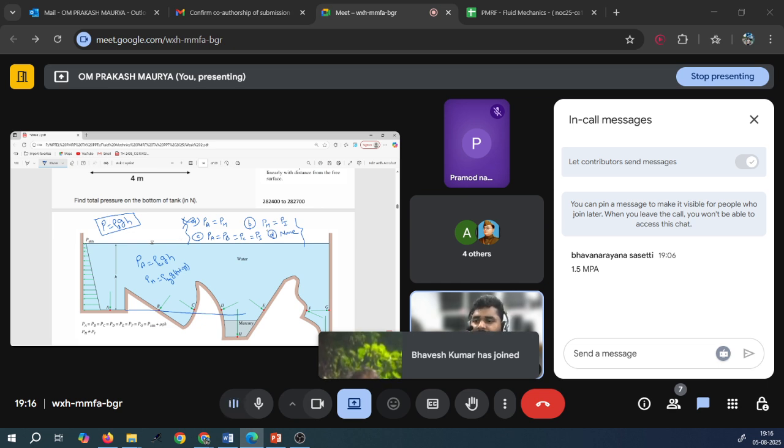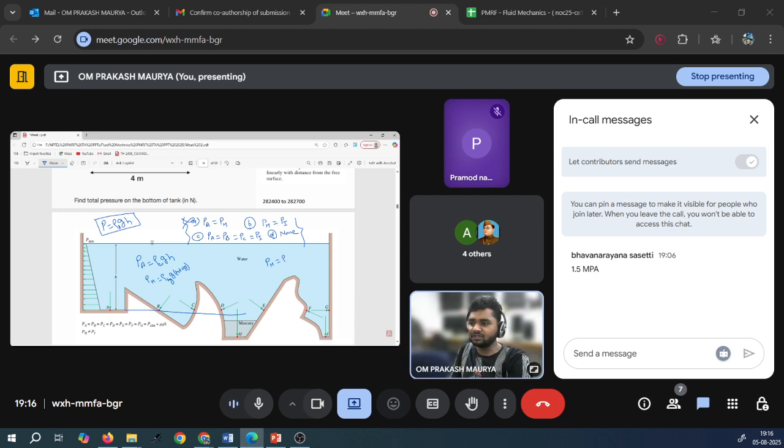Now come here. P_H is equal to rho g, this one, and P_I is rho of water times g, and the height is H plus delta Y, because the height is the same from the hairs. If you see, the height at I and the height at H will be the same, but here the density differs, rho water and here rho Hg, so this is also wrong.